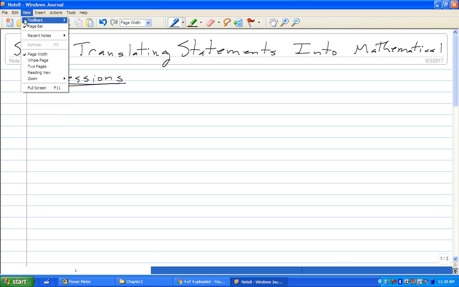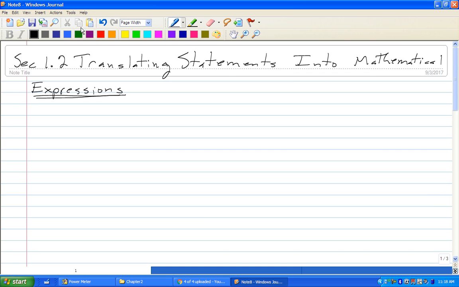Okay, so first off, I want to give you a few vocabulary words that will help you translate certain phrases into mathematical operators.